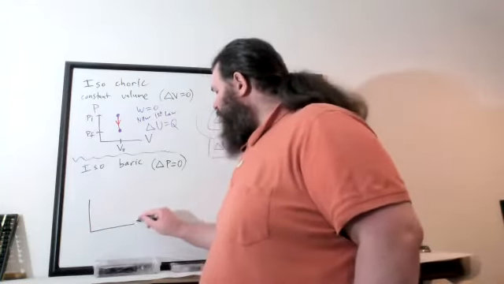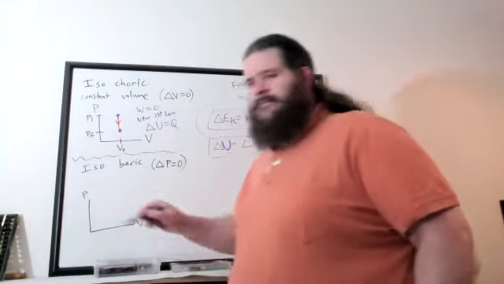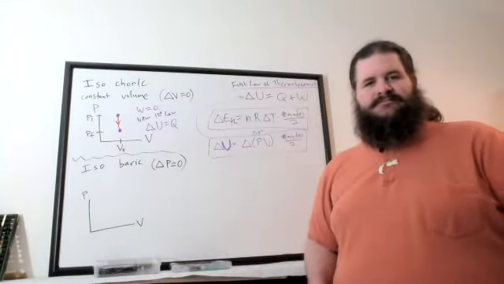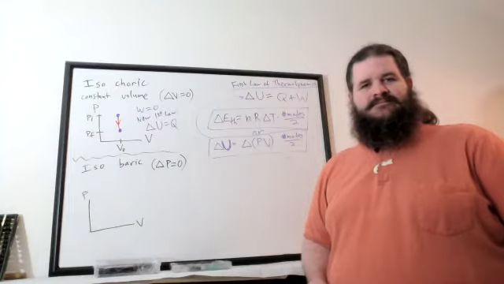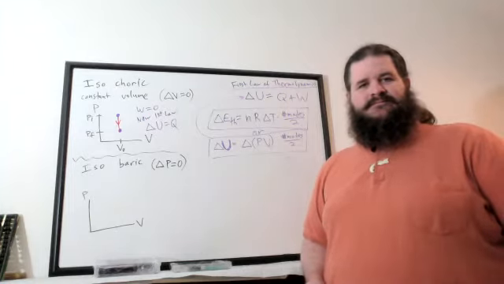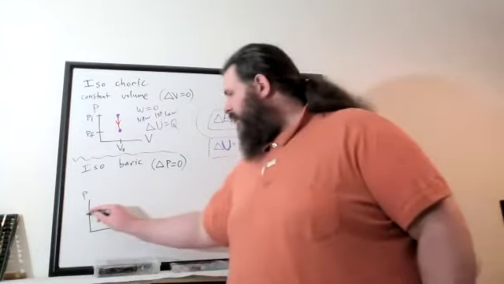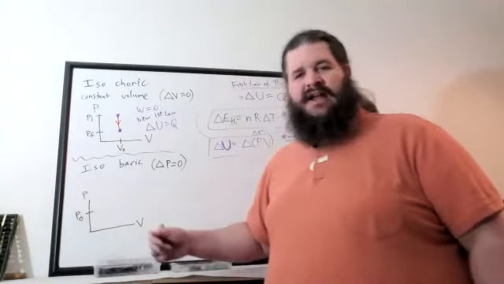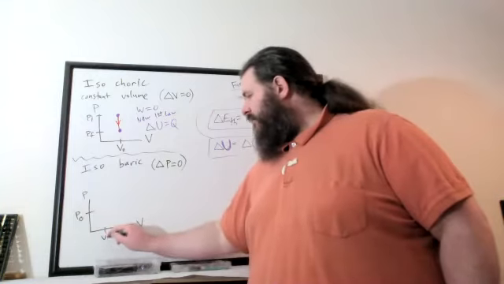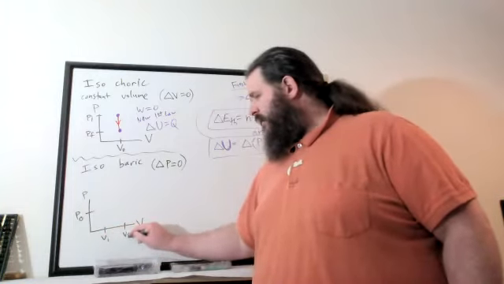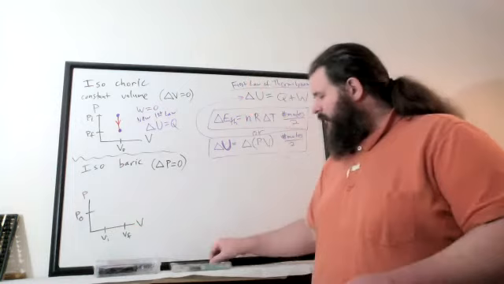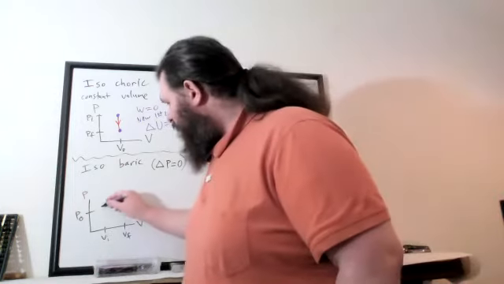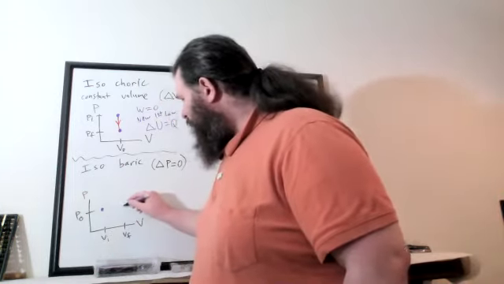So on the graph, what would that look like? Horizontal? Yeah, it'd be a horizontal line, because we'd have one single pressure, let's say P0, that doesn't change, but we'd have the volume either increasing or decreasing. Let's say we've got an increase in volume here. We're going from a small initial volume expanding to a larger final volume.